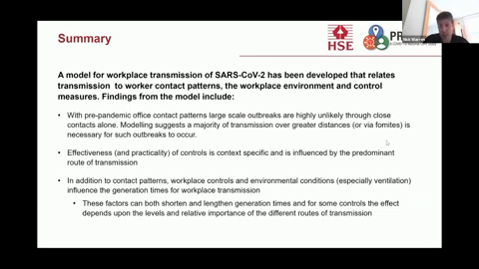The generation times are obviously affected by the infectiousness profile of individuals, and they're obviously affected by contact patterns, but over and above that, they're significantly influenced by workplace controls and environmental conditions, and those influences are not simple, but they also, for some of those controls and environmental aspects, depend upon the relative importance of different routes of transmission and the levels of transmission.